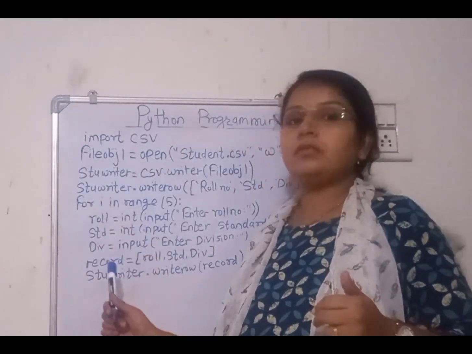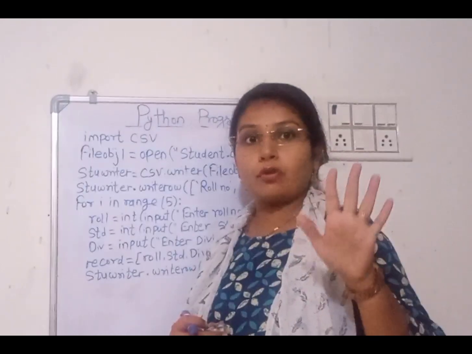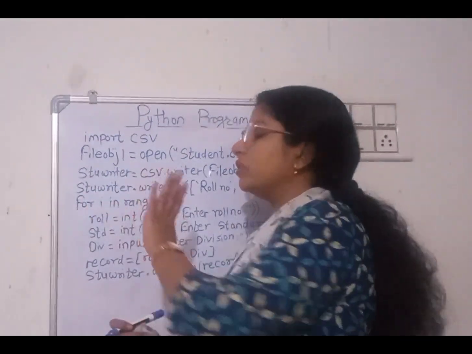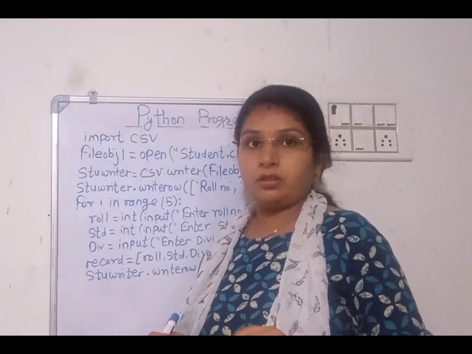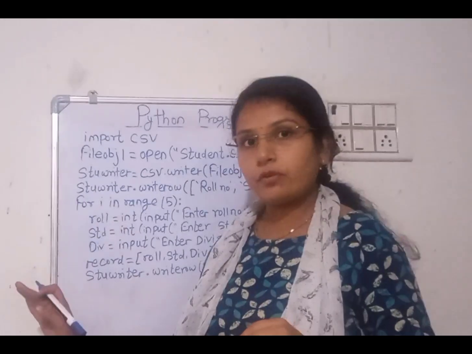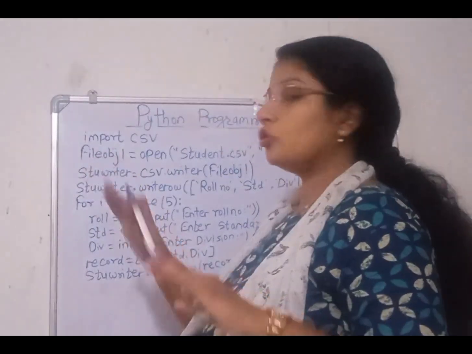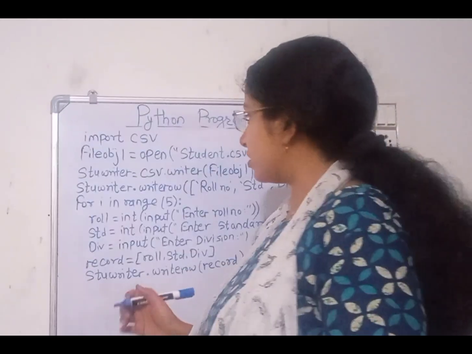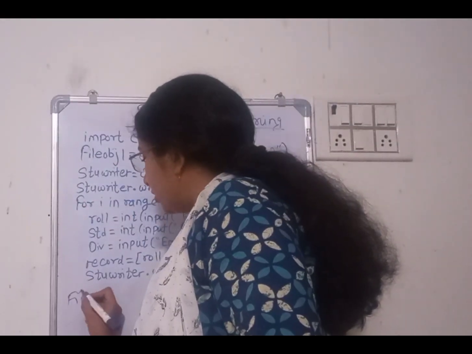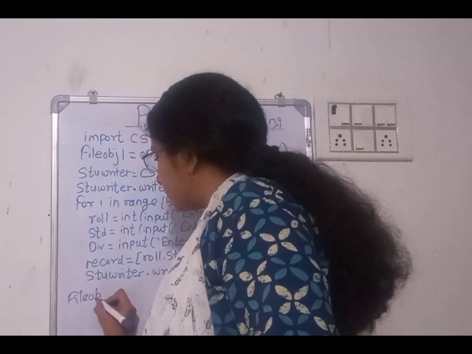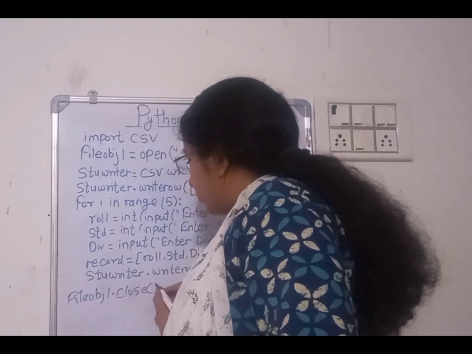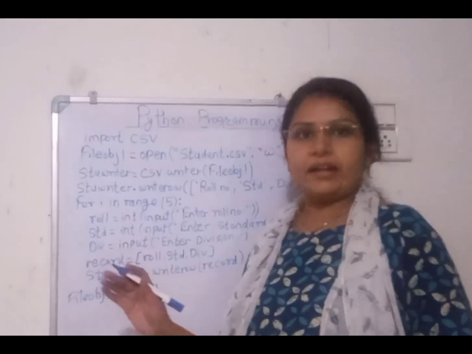This will be done 5 times for 5 different records, and then this will be written down in your file object. After this, you will exit from the for loop and then just close the file because your operation is done. And how to close the file? File object dot close. So your CSV file is ready now.